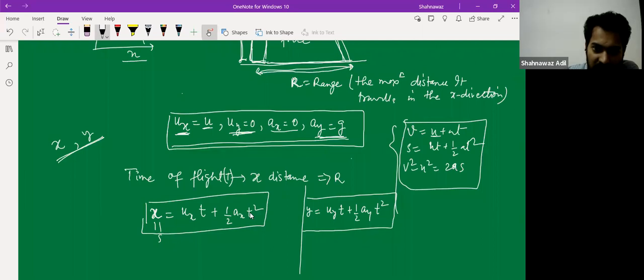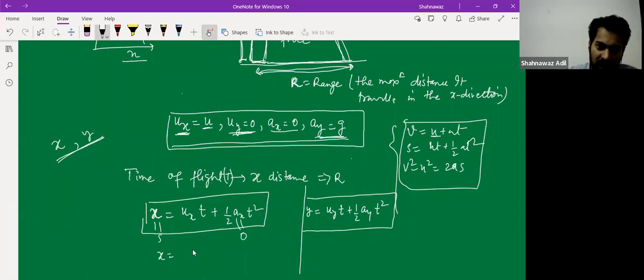Yes, sir. And for the y part, this will be UYT plus half AYT square, right? Yes, sir. And you know that AX is what? 0. And AY is G, right?